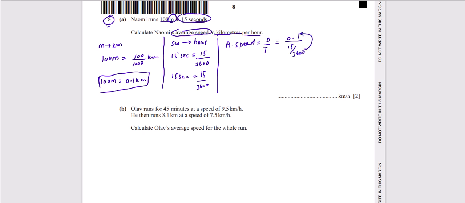Multiply this value. So average speed is equal to 0.1 multiply 3600 divided with 15. Calculate these values, we get average speed is 24. So write here 24 kilometer per hour.